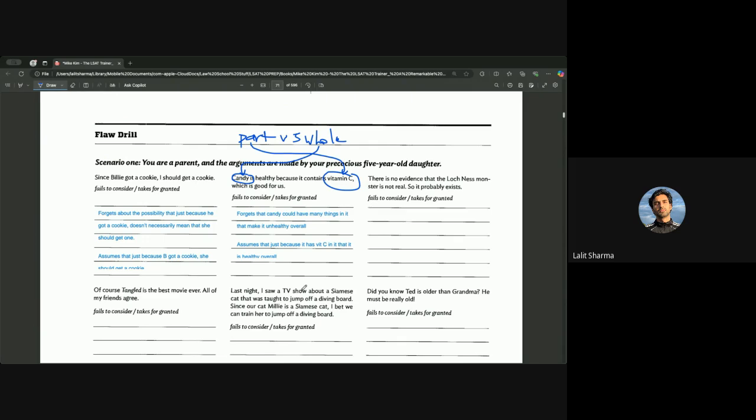And that's the exact same thing that's happening here, right? You're putting all your emphasis on the vitamin C, but you're ignoring the sugar, the high fructose corn syrup, whatever else is in candy, sweeteners, artificial sweeteners, whatever. So just because it has one thing that's good about it doesn't mean the whole thing is good. Okay? So that's your part versus whole fallacy in general.